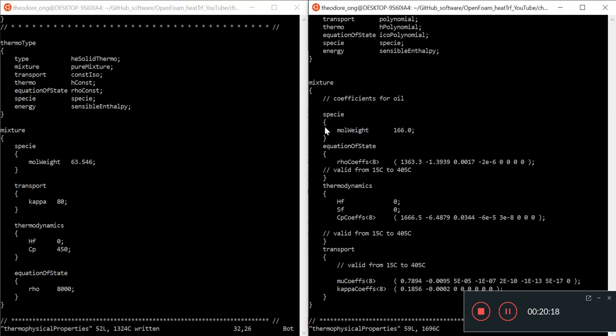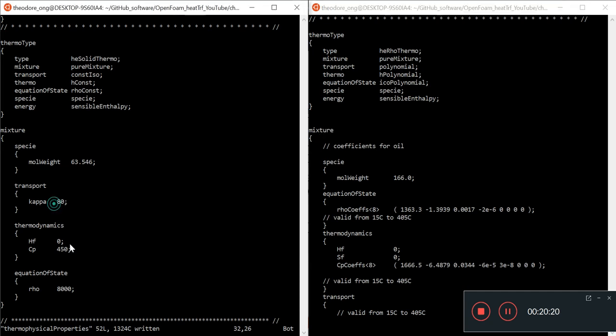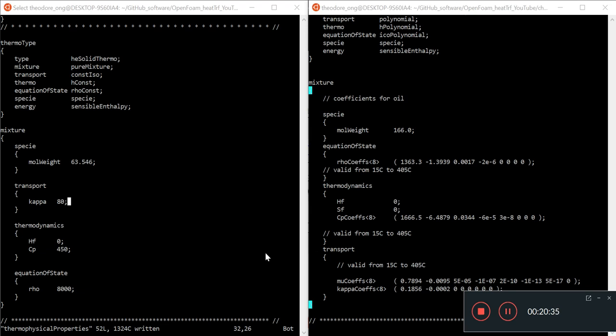So transport, kappa. Kappa is I think thermal conductivity. So where is the transport?